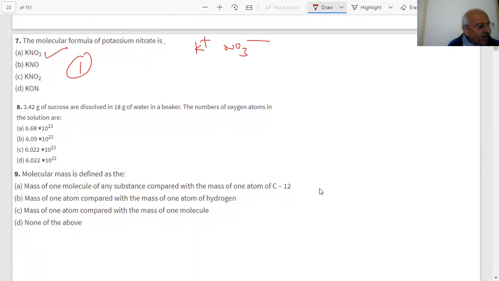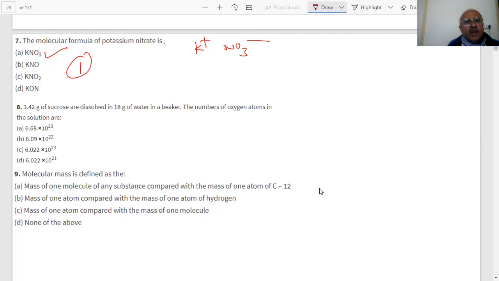3.42 gram of sucrose dissolved in 18 grams of water in a beaker. The number of oxygen atoms in the solution are, how many oxygen atoms will be there, student? Sir, A part is the answer.